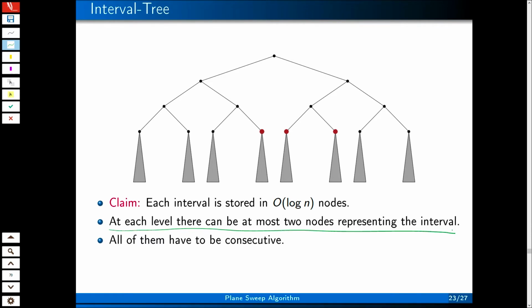At each level of the tree there can be at most 2 nodes which are storing the interval. Why? It's your argument basically. Suppose there are 3 nodes representing some interval in the same level. This is one node, this is one node, this is one node.